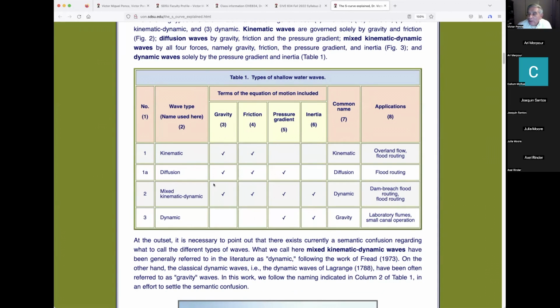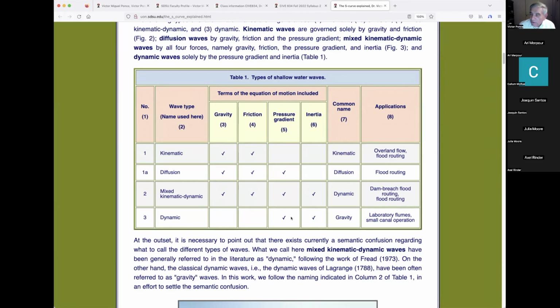Here we get into a misnomer, a semantic problem. After 1973, when Danny Fred started calling the mixed kinematic dynamic wave, he started calling it dynamic wave. It was a mistake, but it got very prevalent around the world, around the United States. So in my mind and in my books, dynamic wave is just the pressure gradient and inertia, a concept defined by Lagrange in the late 1800s.